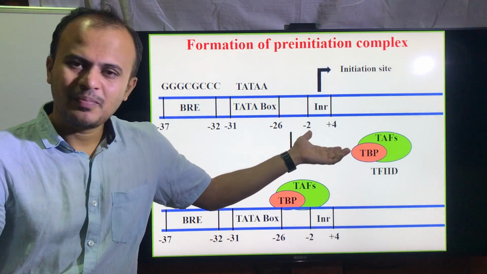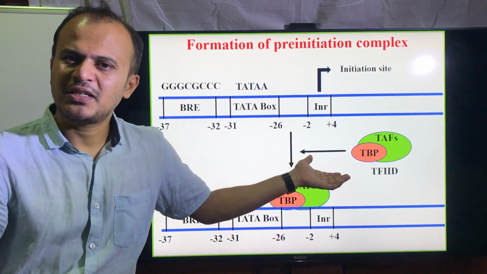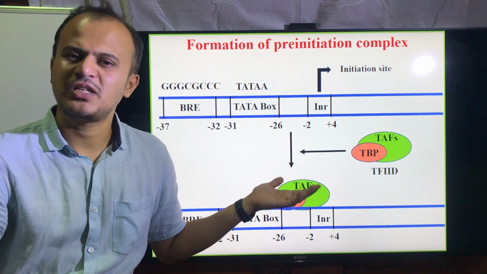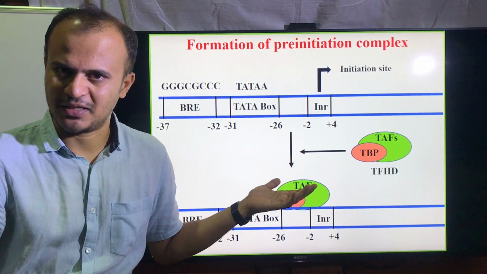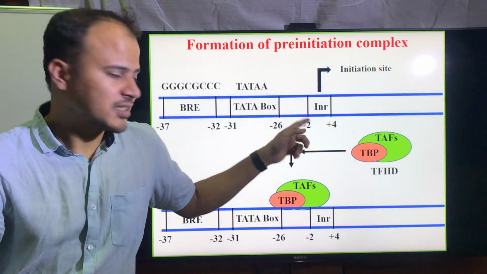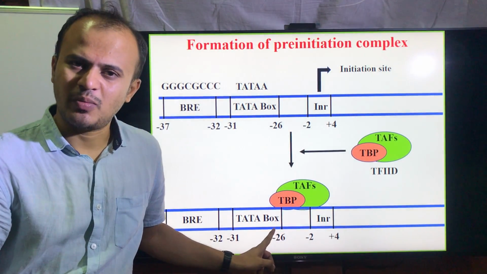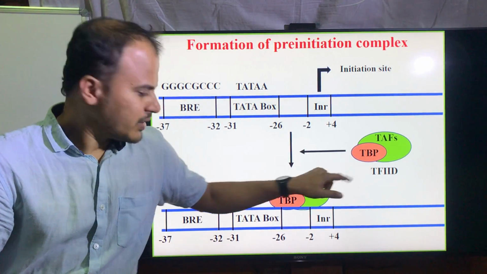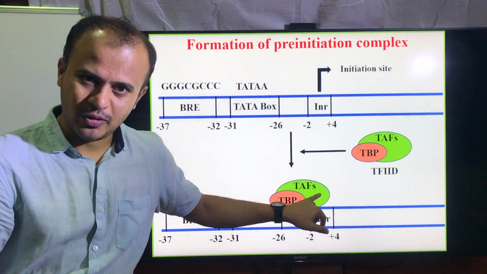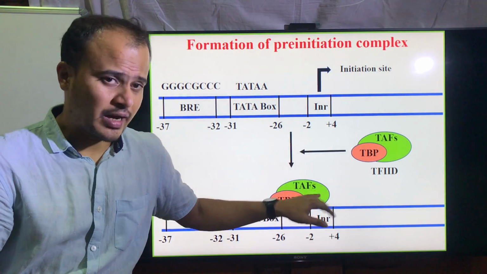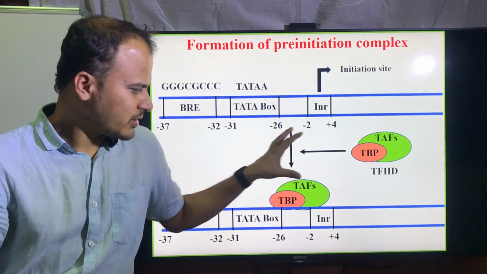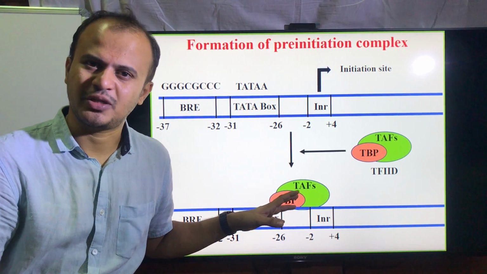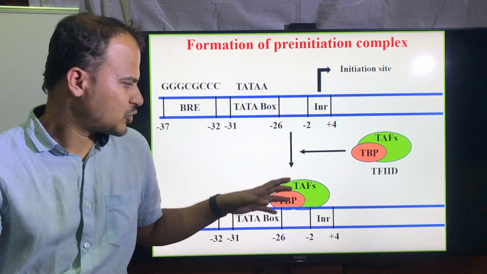The transcription factors required by RNA polymerase II are designated as the TFII family of transcription factors. The first transcription factor that recognizes the TATA box of the gene is TFIID. TFIID has two types of subunits, TBP and TAFs. I have clearly explained the function of these subunits in my previous video on transcription initiation in eukaryotes.